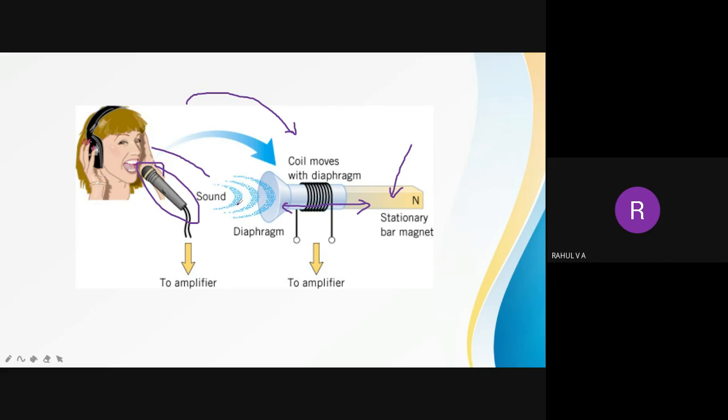The EMF induced in the coil is called induced EMF, and current flow because of this induced EMF is called induced current. And there are 4 methods to change this flux. That is by moving the coil towards the magnet, or you can move the magnet towards the coil. Then you can rotate the coil. You can change the area of the coil. There are the different methods.